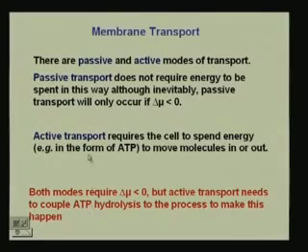But for now, we have to know that when we have this membrane transport, we have two kinds of transport: passive transport that does not require any energy for the solute molecules to pass through, and active transport where the cell has to spend energy, and the place where it gets this energy from is ATP hydrolysis.